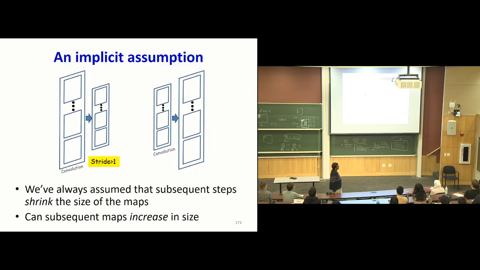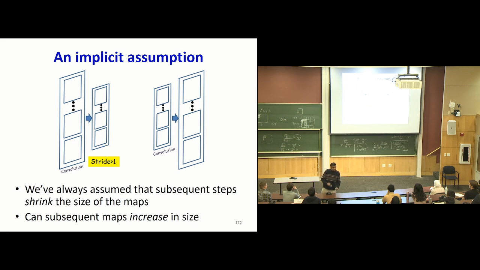So we'll begin meddling with a few things. First, we assumed that when you're scanning, you're either retaining the size or you're shrinking things, right? So can you actually increase the size after scanning? And what does it mean to increase the size after scanning?